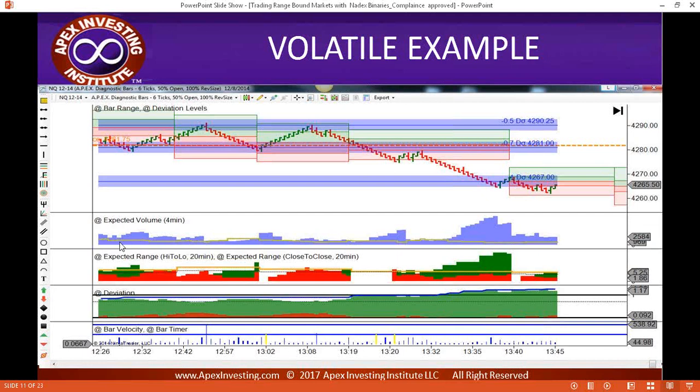These blue shades show you the current actual volume. So for example, during this time period, was there less volume than normal or exceeding volume than what was expected? Exceeding volume, right? There's a lot more volume in the market than what's normally there for that time of day.